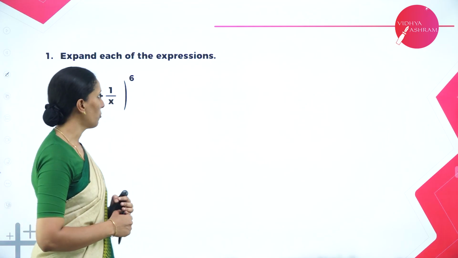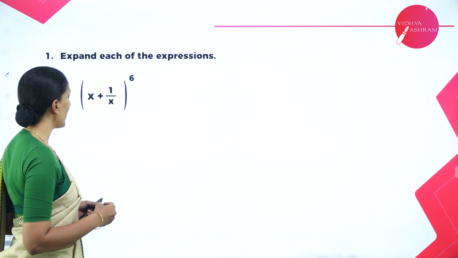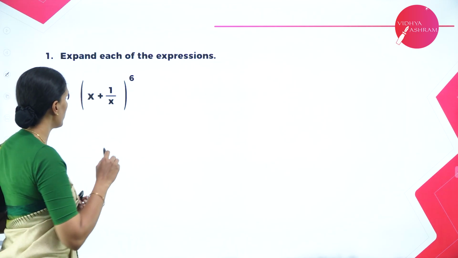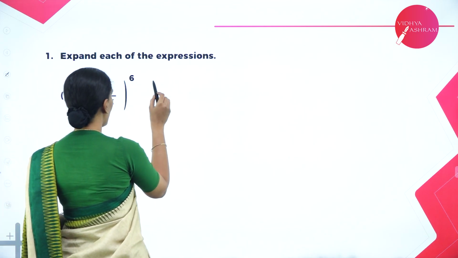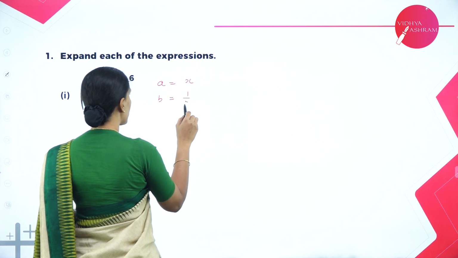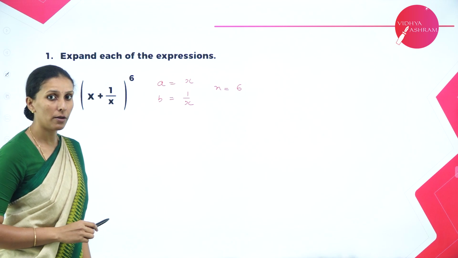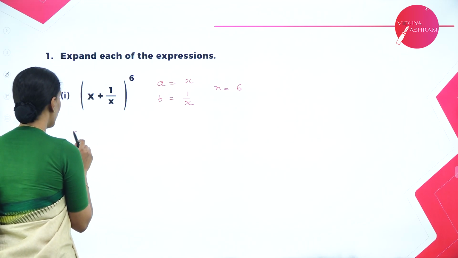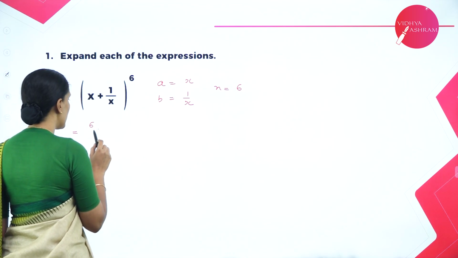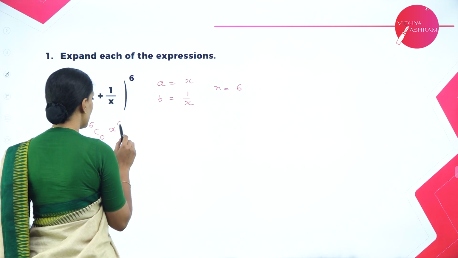Now, let us take a few problems here. Expand the expression (x plus 1 by x) whole power 6. So we need to expand this expression. Let us take a as x, b as 1 by x, n as 6. Then how many terms are there? The number of terms is 7. Let us start with 6C0, using the statement: 6C0 x power 6.